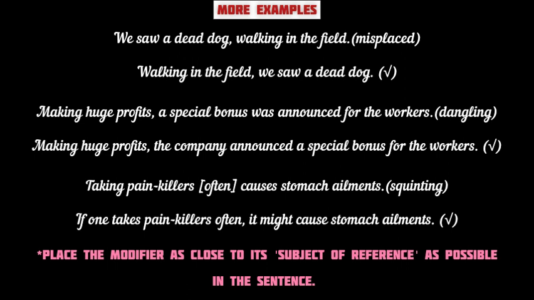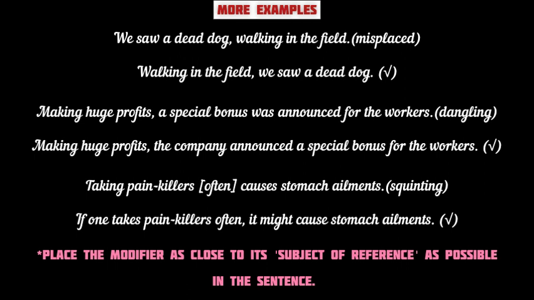At last, take an example of a two-way or squinting modifier. We know that squinting modifiers are usually adverbials that seem to modify either of the two elements that come before and after it in the sentence. Taking painkillers often causes stomach ailments. In this sentence, the adverb "often" is a squinting or two-way modifier.